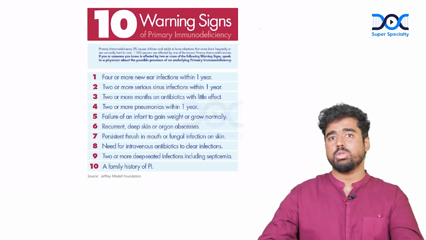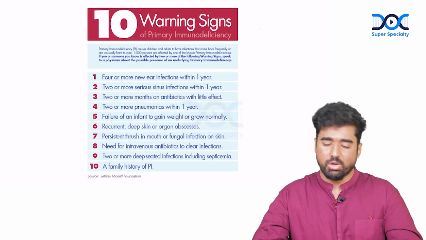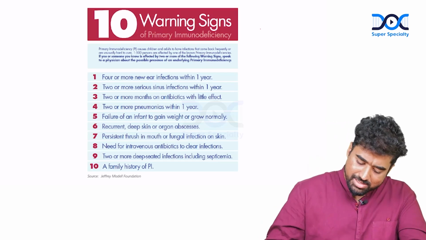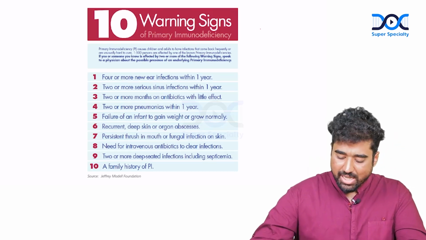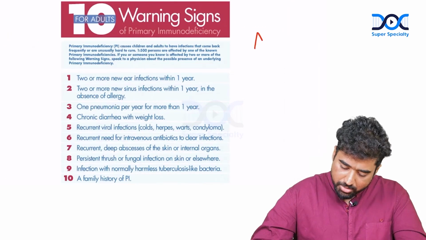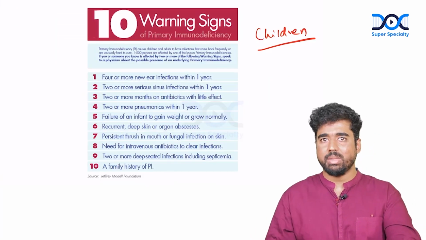So before we go to how a PID is approached, PID is now called an inborn error of immunity, but however you get the flow, that is the same thing. So PID is approached either for children or for adults. It's approached in the same manner, that is, the warning signs considered are very similar.